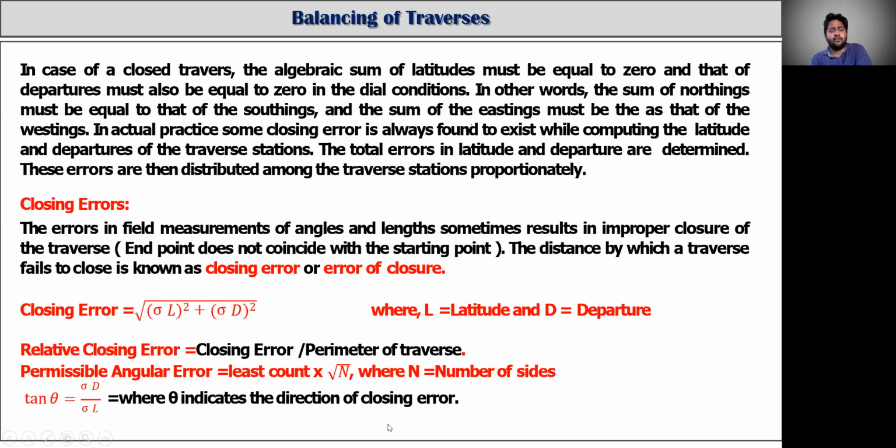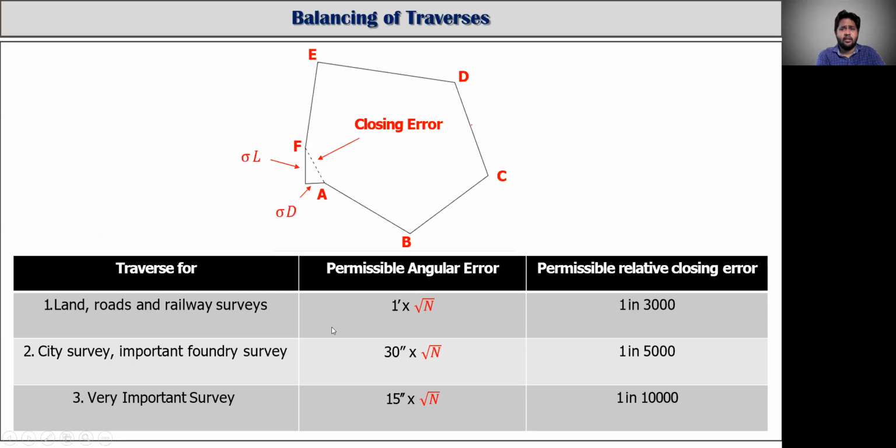Tan theta equals latitude by departure, which indicates the direction of the closing error. For balancing of traverse for land, roads, railways and survey lines, the permissible angle error is 1 degree into root of n.